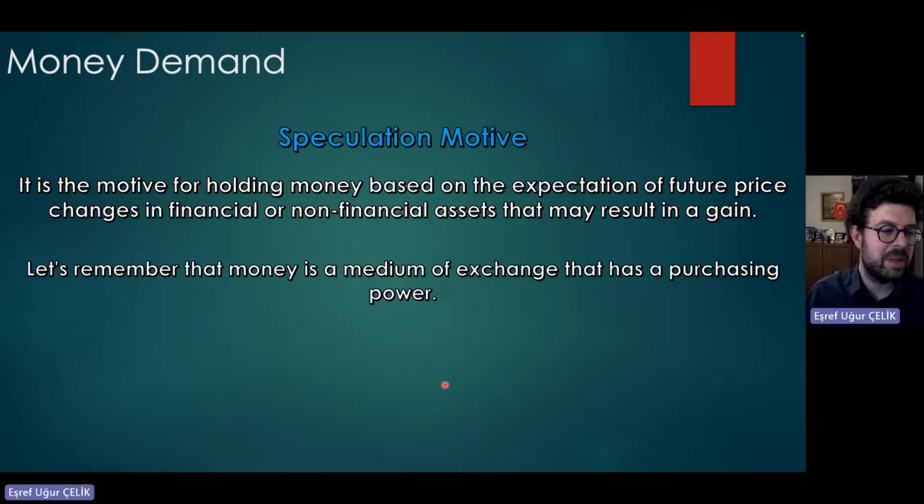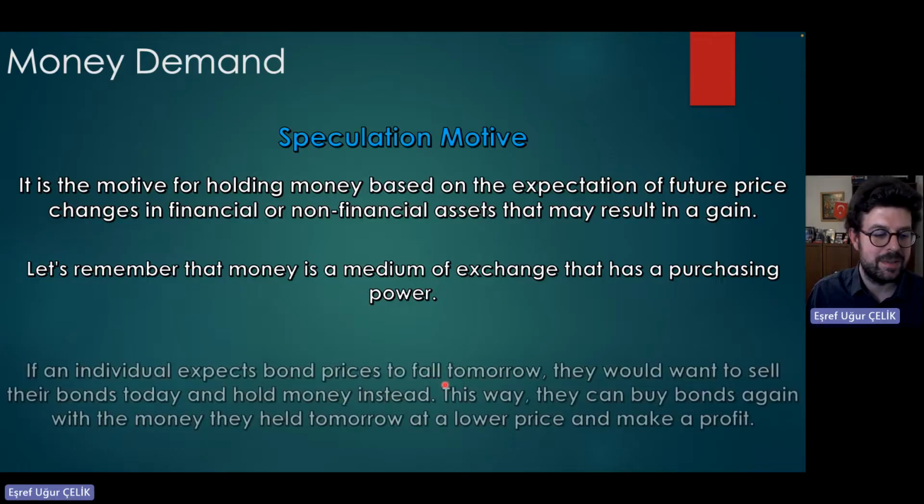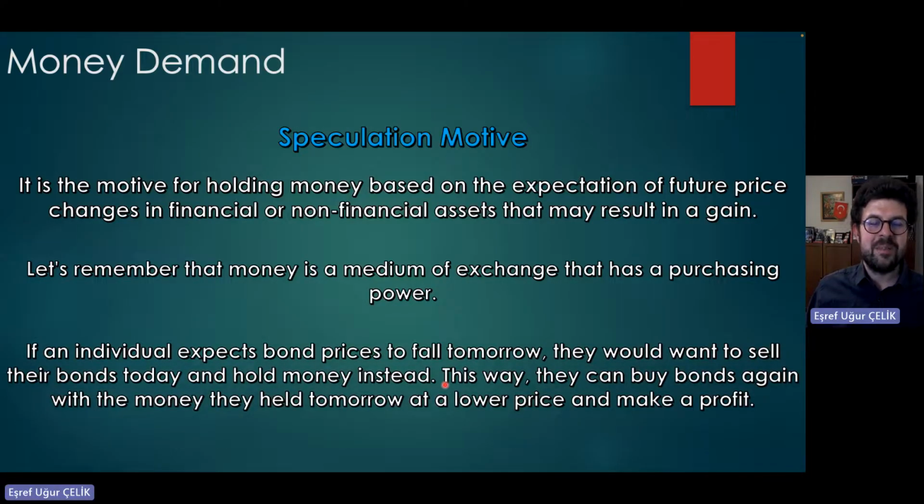That is not important, but let's remember that money is a medium of exchange that has purchasing power. For example, you have a bond and you expect that the bond price will become lower tomorrow. What do you do? I think you should sell that bond today, because you know the price will become lower tomorrow.